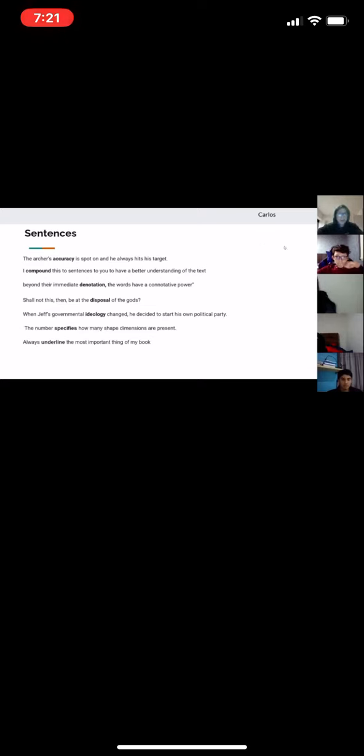Okay, here we have sentences using the words that we previously saw. The accuracy is always his target. I compared these two sentences to have a better understanding of the text. Beyond their immediate denotation, words have a connotative power.